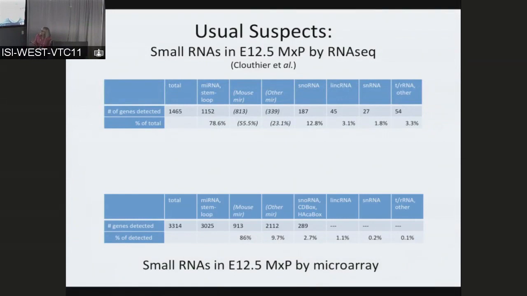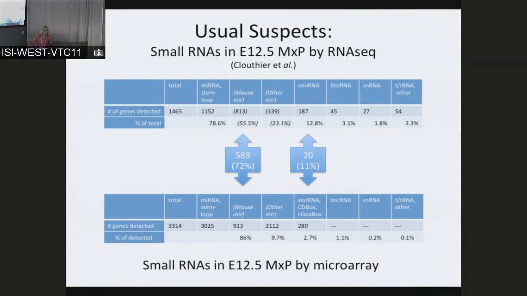Okay, so with all those caveats, yes, we found a large number of microRNAs, as you would expect from a microRNA chip, and also a fair number of the snoRNAs. So there's good news and bad news. The good news is that there was a fairly good overlap between the microRNAs that were identified by the two platforms. I say 72% of what was detected here was also detected here.